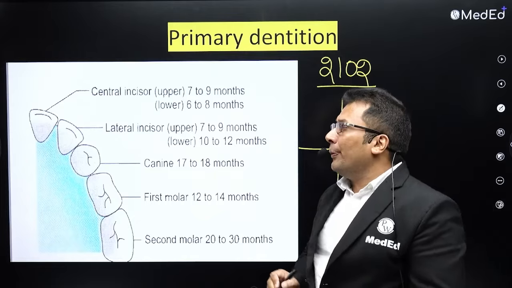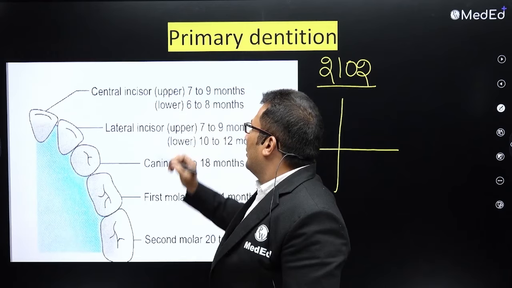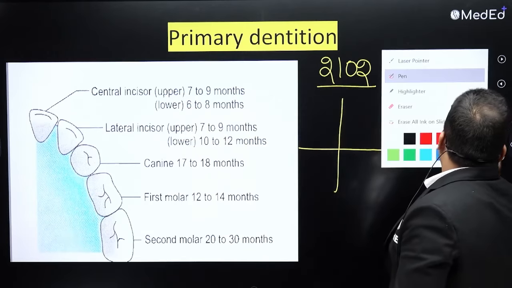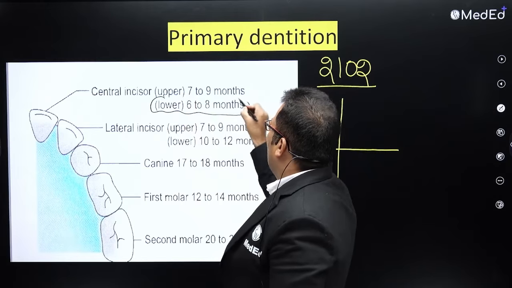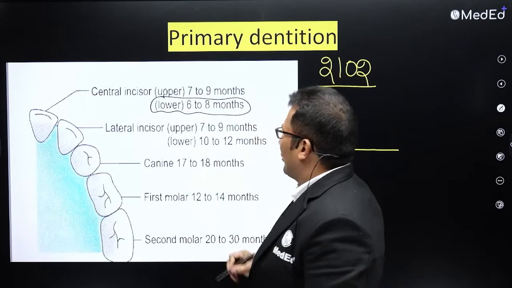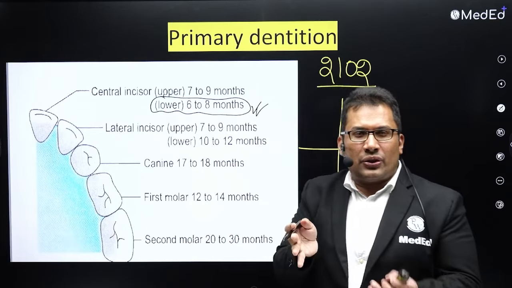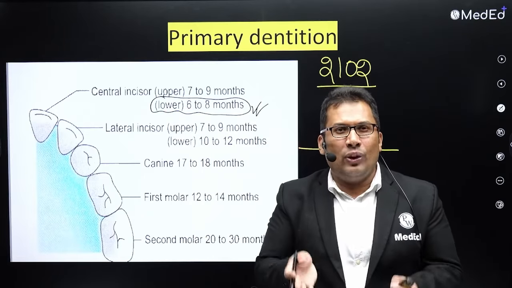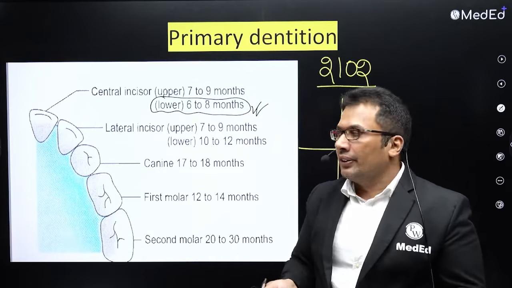The first to appear is the central incisor, that is the lower central incisor, around 6 to 8 months. So this can be asked. The first to erupt is the lower central incisor, LCI.